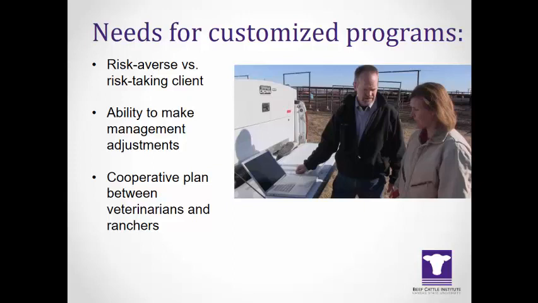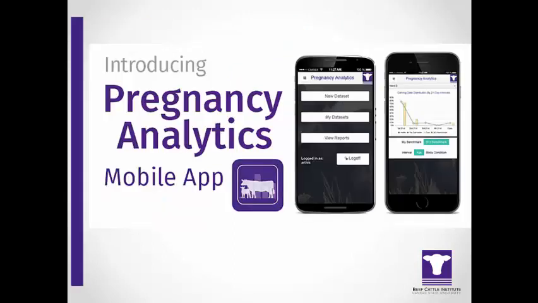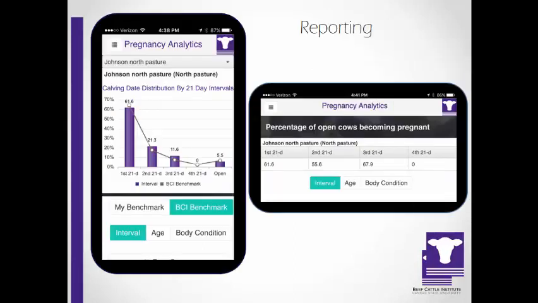So we introduced about a year ago an app that allows you to collect data at pregnancy check. We've had several people use it, and the app allows the input of staged pregnancy data, and from that data we can generate some basic analytics.